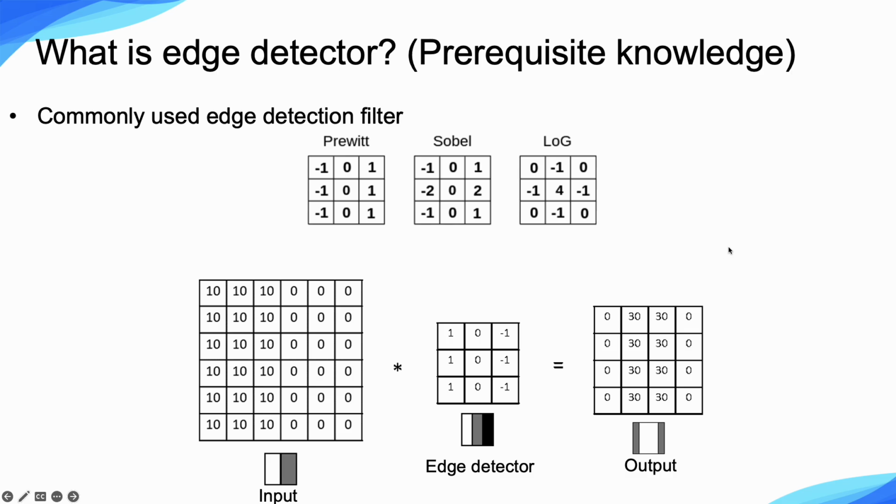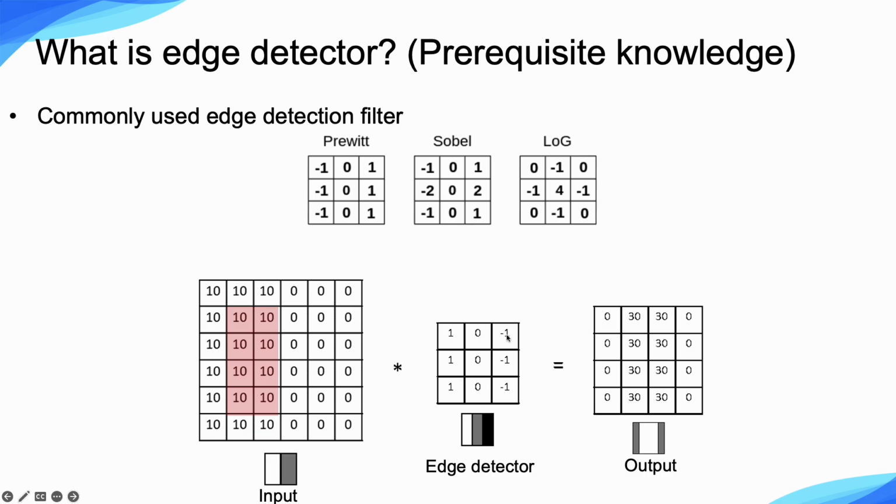Here I'll show you an example of how we can use edge detection filters to identify where the edges are. If you use these kinds of edge detectors and perform convolution with the input here, an output with a large value indicates the presence of an edge.